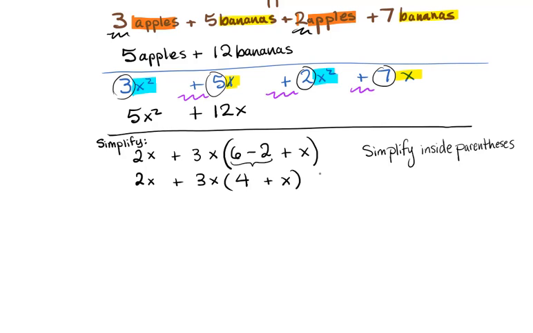Next, we'll distribute anything so that we can get rid of the parentheses. So we call this using the distributive property to eliminate parentheses.